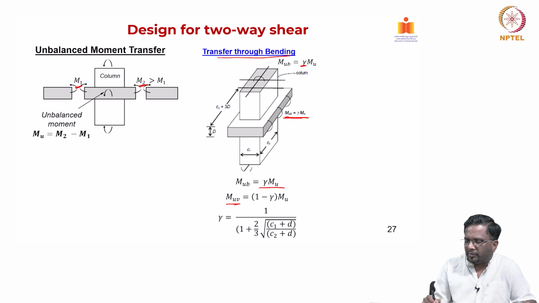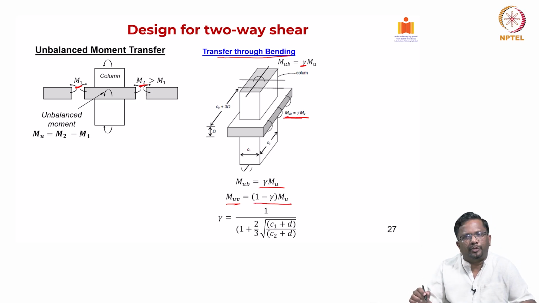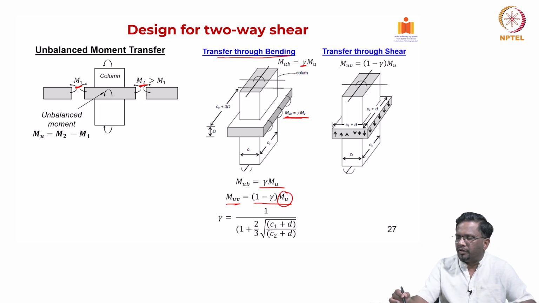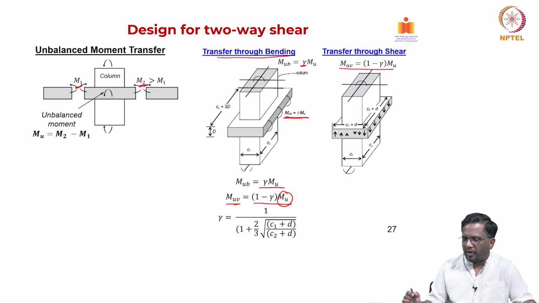That is nothing but 1 minus gamma times MU. So, some of the unbalanced moment will be transferred through bending of the slab, some of it through shear, which we can explain. So, you see here, this is your unbalanced moment that is transferred through shear, which is 1 minus gamma into MU.